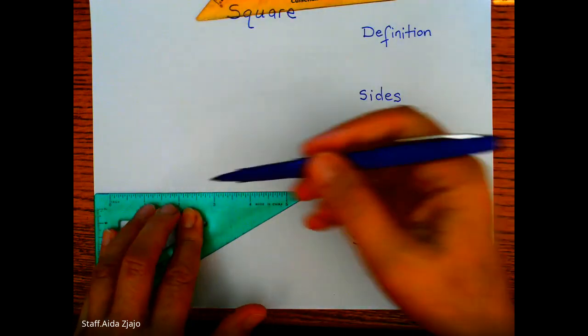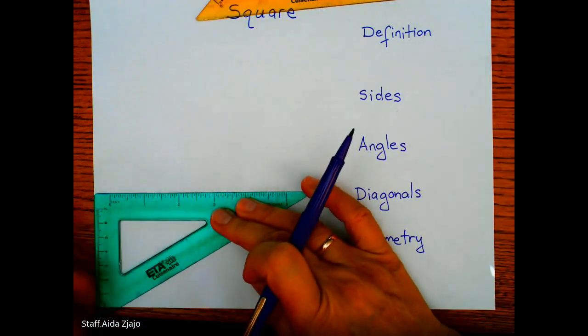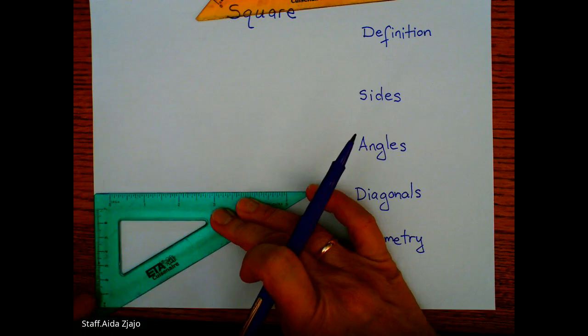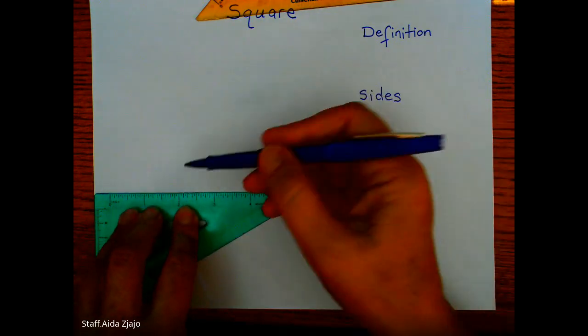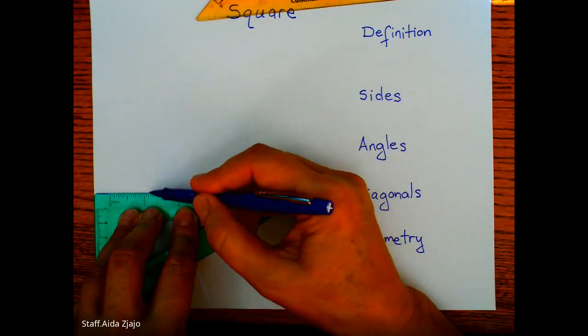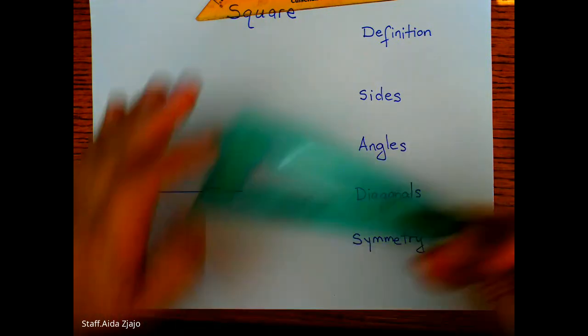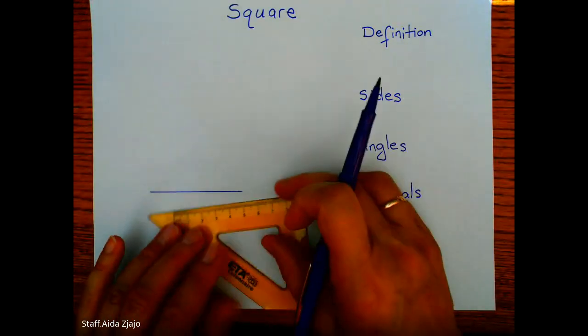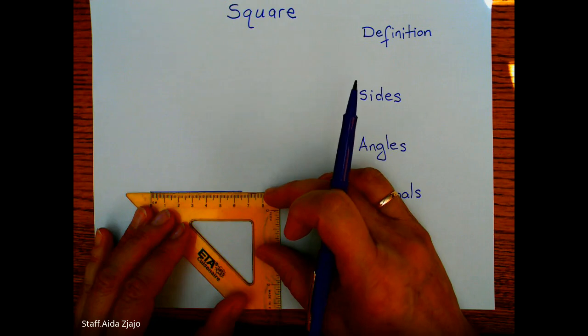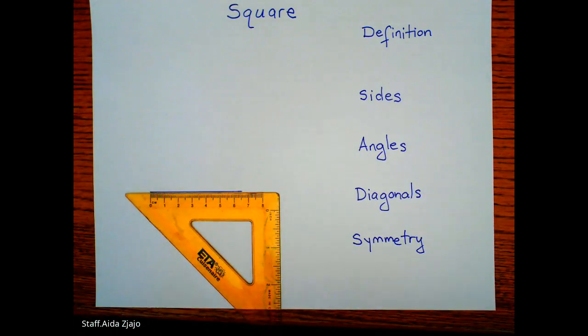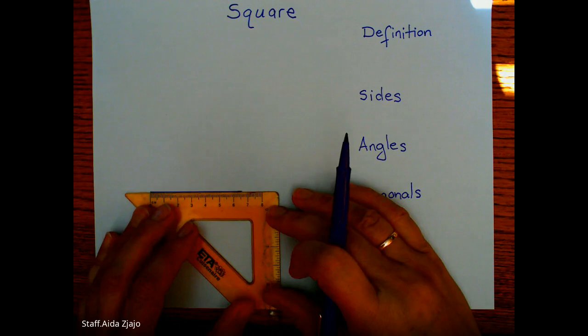So if I make a parallel line to the edge with my triangular ruler, I can draw the line, for example, this big, and I will decide how long the sides I would like to have. So all my sides have to be the same. So I choose them to be 7 centimeters.